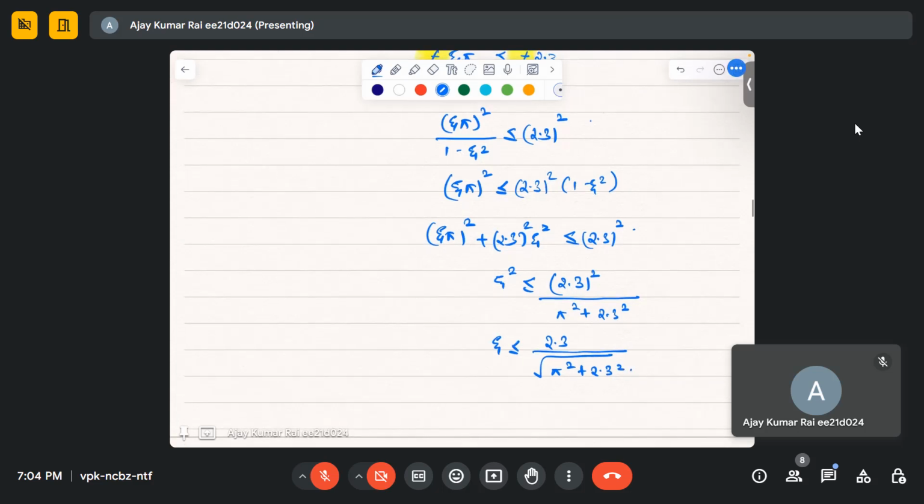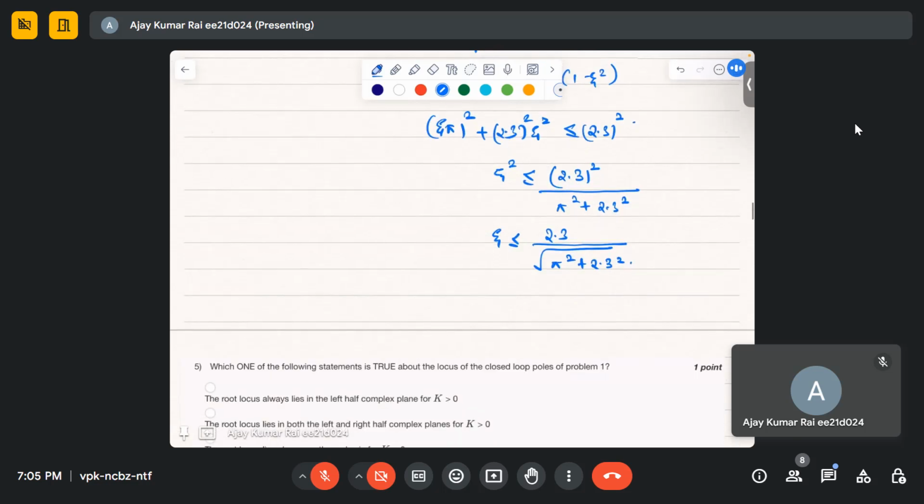So what is this value? I think we'll get 0.59. Sure, 0.59.